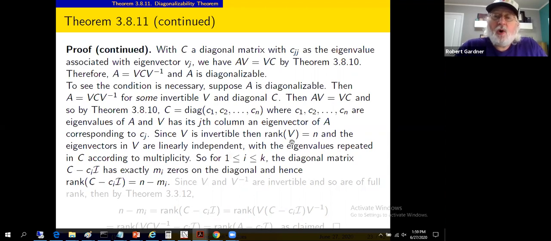The rank was, say, the dimension of the column space. Okay, we've got n columns in matrix V. If the rank of V is n, those columns form a basis for the column space, and they must be linearly independent because a basis is a linearly independent spanning set. So the eigenvectors in V are linearly independent.